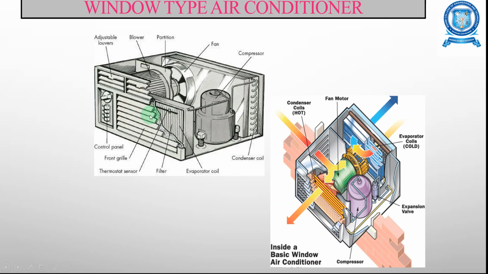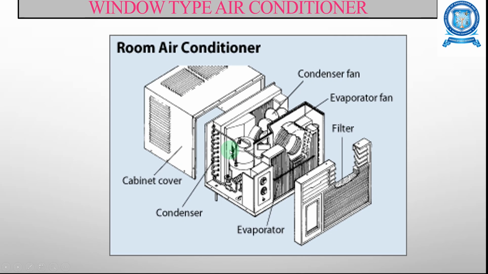And this is a window type air conditioner, in which you can see the blower, fan, and compressor unit all housed inside. And this is separate: you have the cabinet cover, and this is the unit which houses the condenser, the evaporator fan, and the condenser fan, and the filter part which has been separated out here.